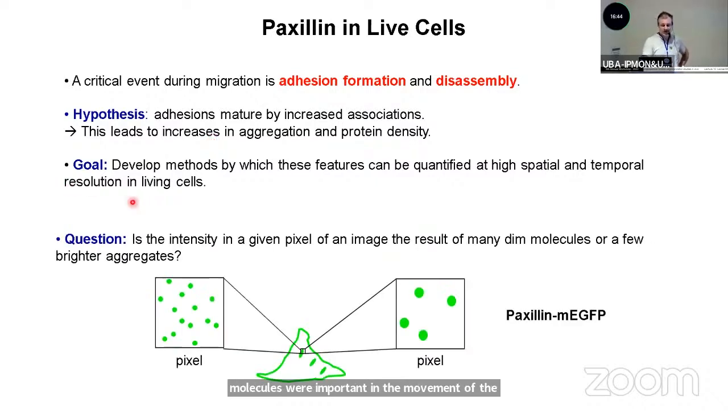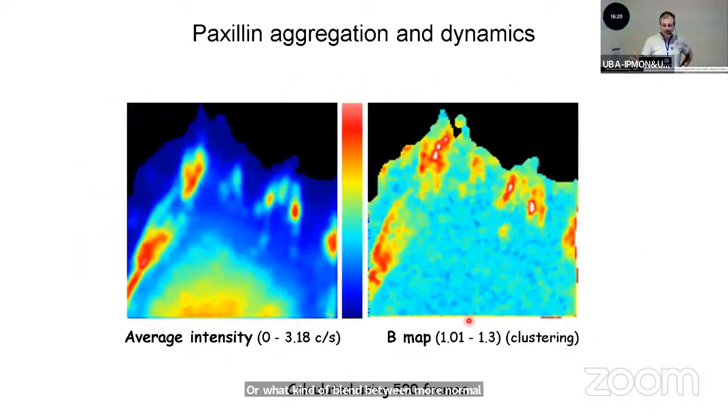Okay, so the question was, what is the molecular dynamics of the focal adhesion, and if they tag paxillin with EGFP, do we have within this focal adhesion monomers, oligomers, or what kind of blend of monomers and oligomers? This was the question.